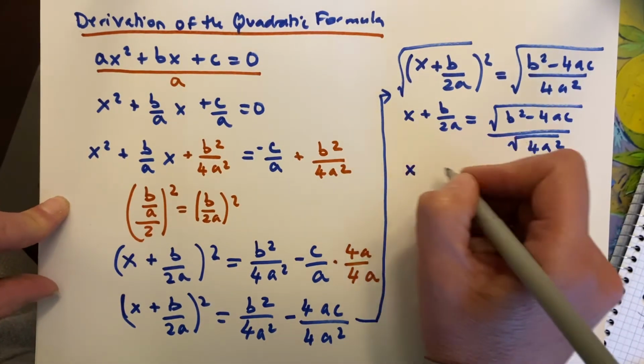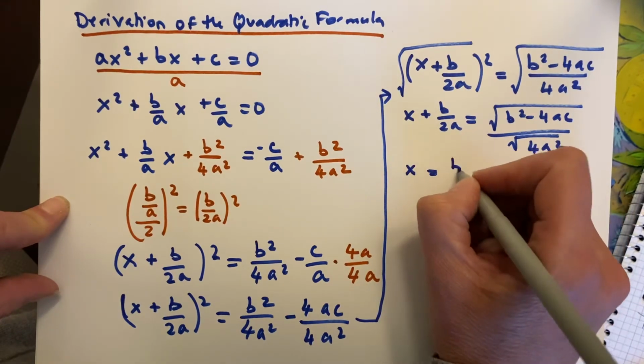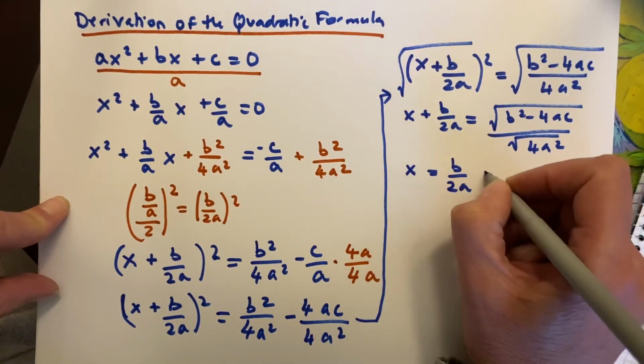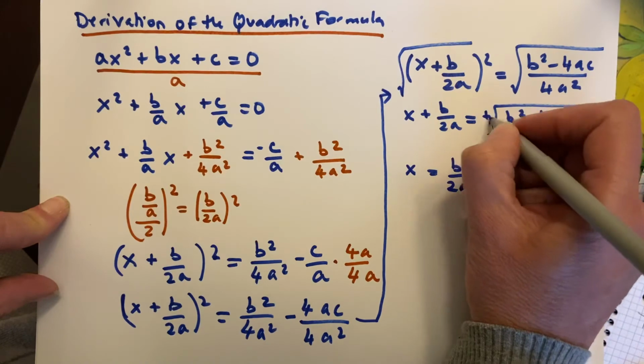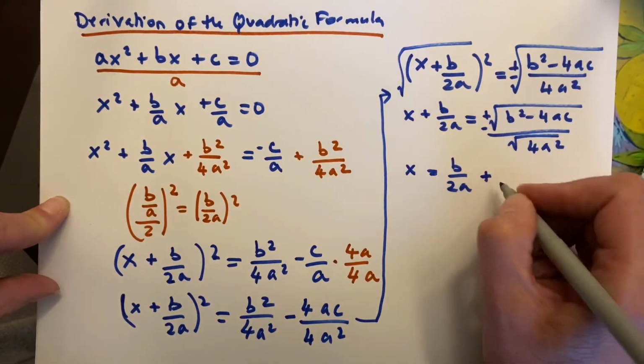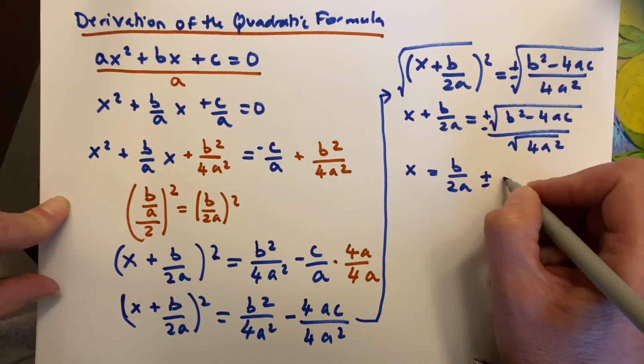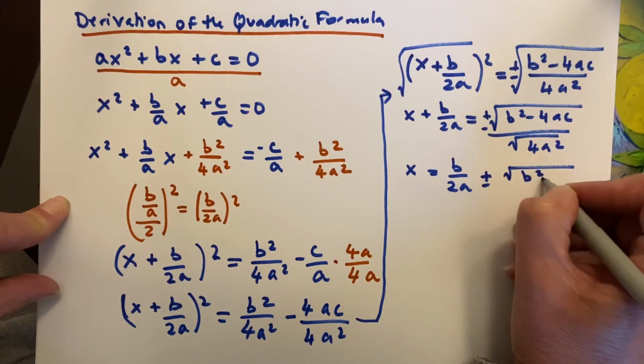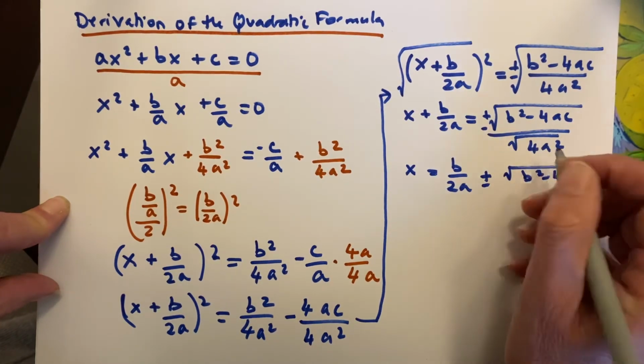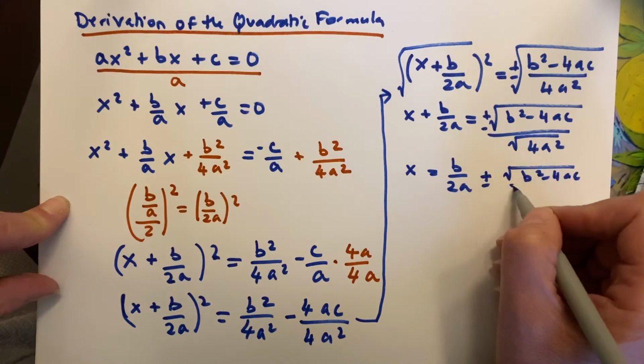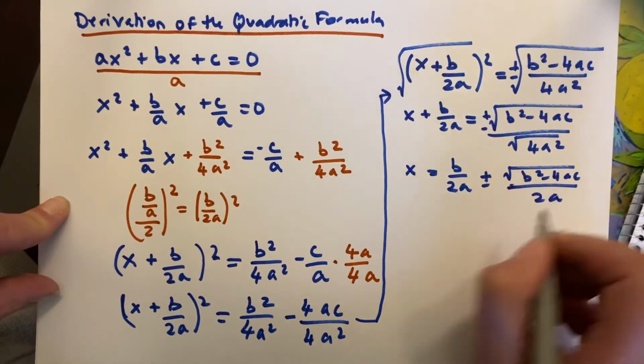This leaves me with x equals negative b over 2a plus or minus, because all square roots are plus or minus, the square root of b squared minus 4ac, and the square root of 4a squared is 2a.